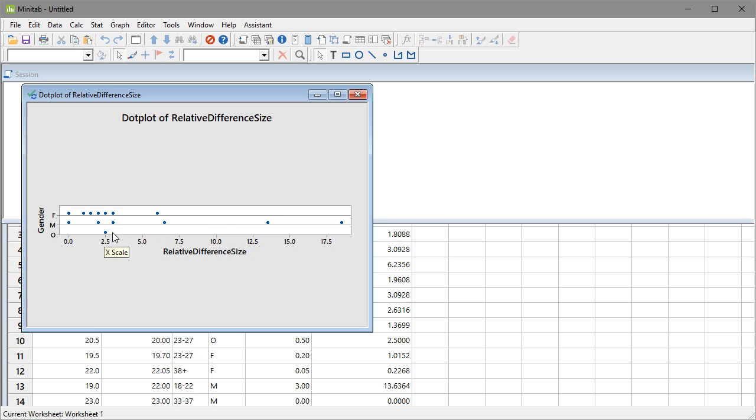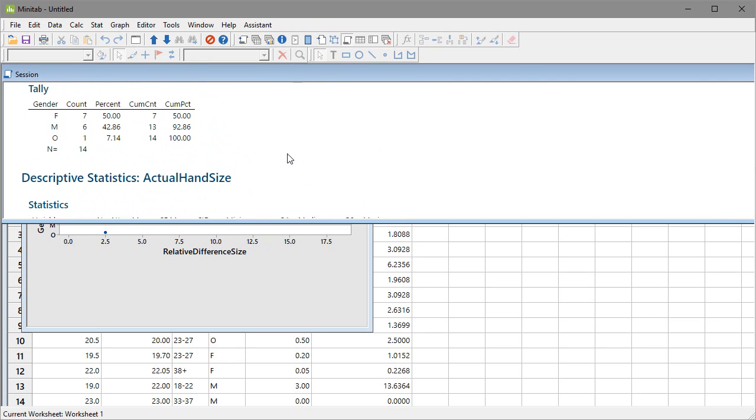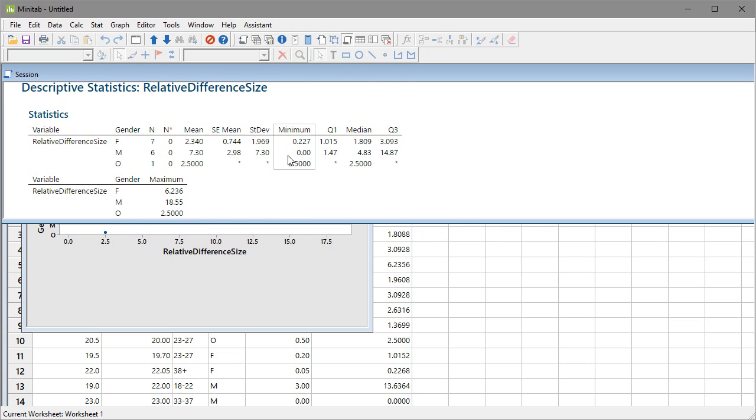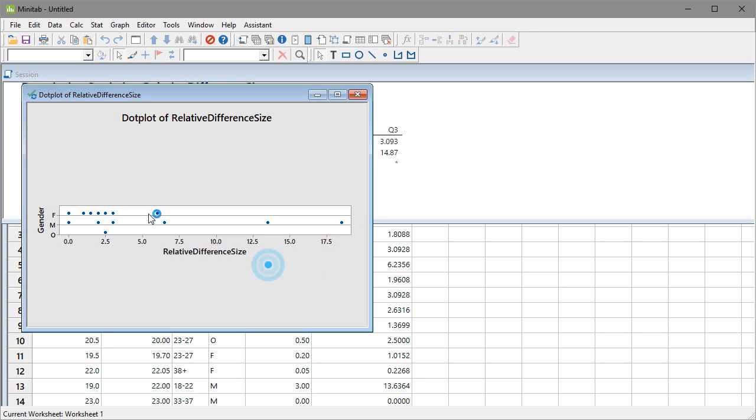So the other is right there, and the females, you can see, are grouped a little bit closer. So this is why when we were looking up here, when was that one? Okay, so when we were looking up here, remember where we said the mean is 2.3 for women and 7.3 for men? Yeah, well, that's where you can really see it here in this plot.